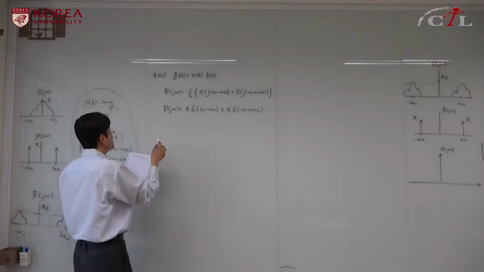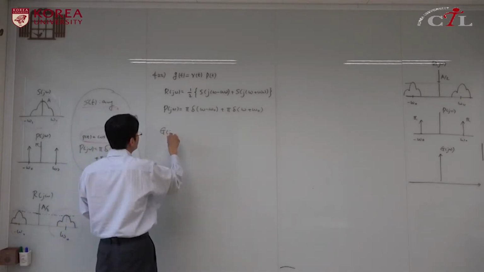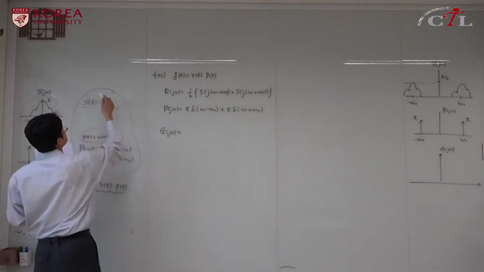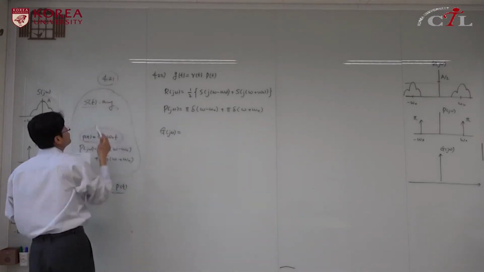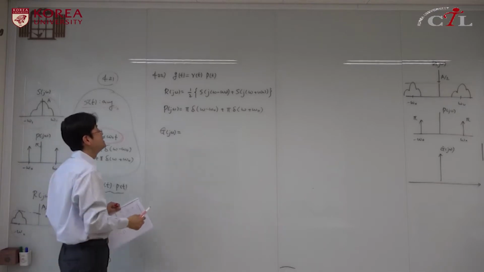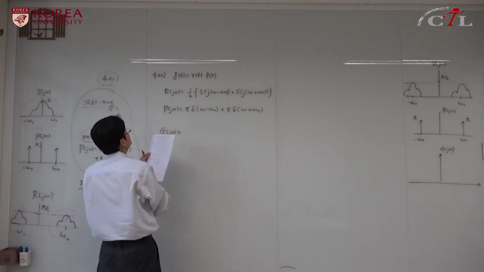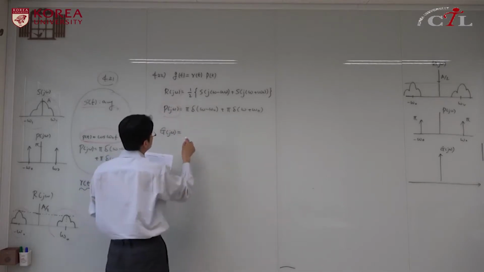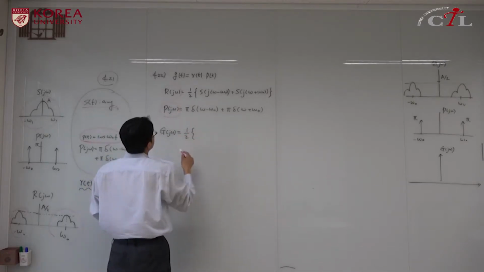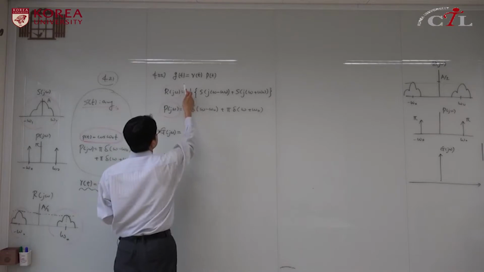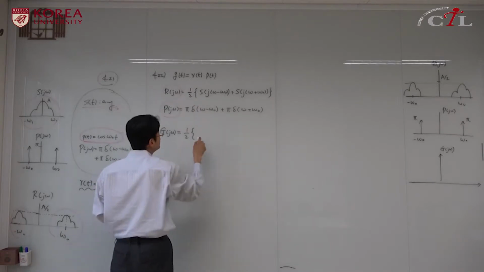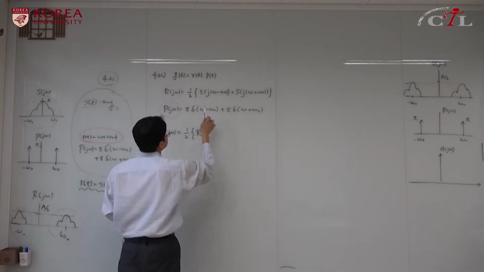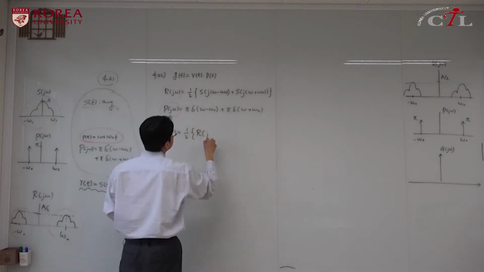Okay, from the previous example 4.21, we know that if I do the convolution of any R(jω) with this P(jω), R(jω) will be scaled by half, and instead of S, I may write R, right?